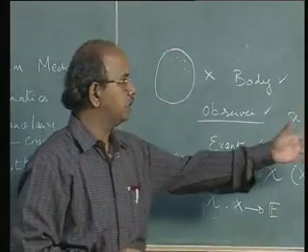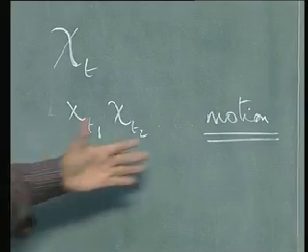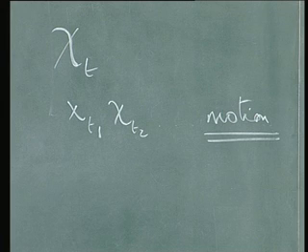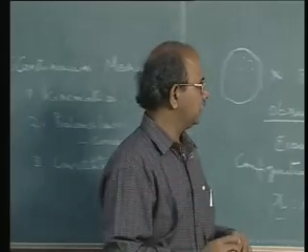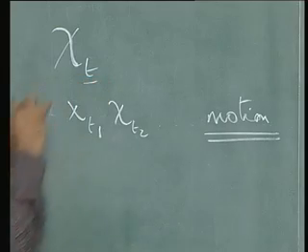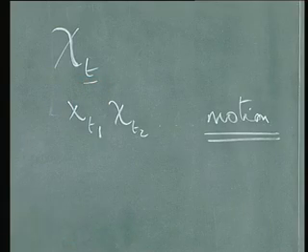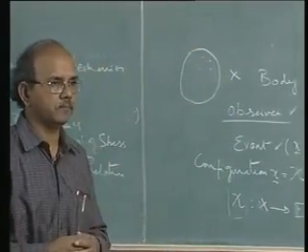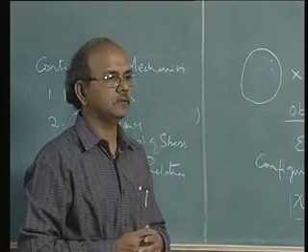So chi at t1, t2, etc., they constitute the motion of the body. Note again that the configurations involve also time t, and this may change with time.